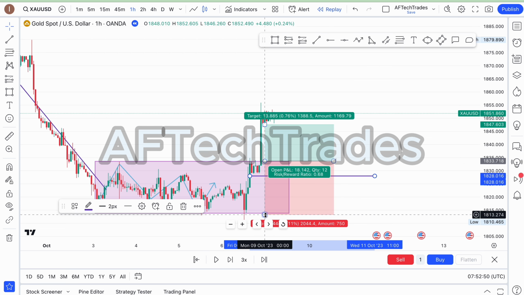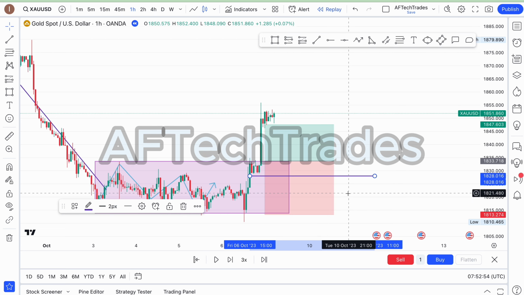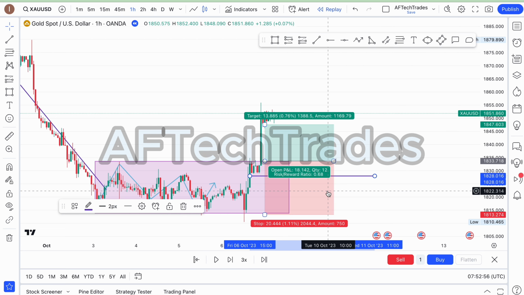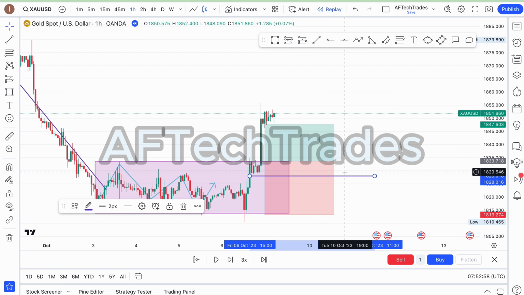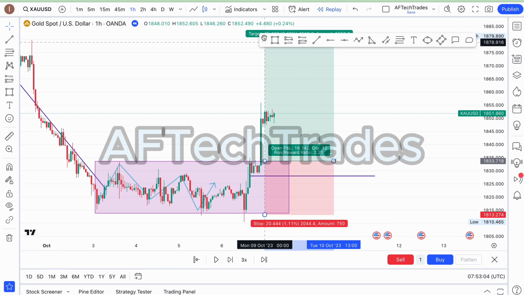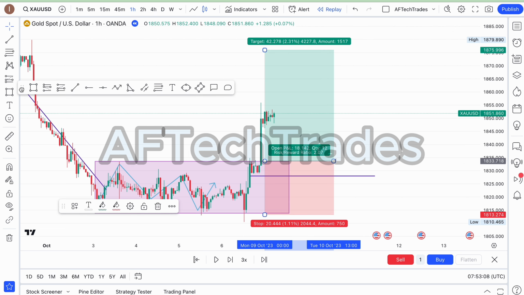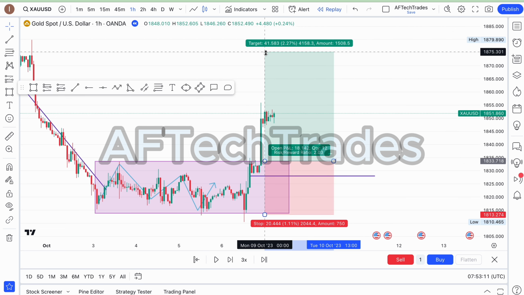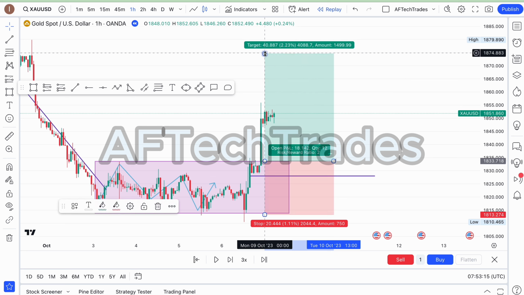If you're putting your stop loss below this, let's check how many pips, around 20 pips, then your take profit will definitely be 40 pips. So let's make 40 pips our take profit. Let me move this for you to see it. This is like 40 pips.